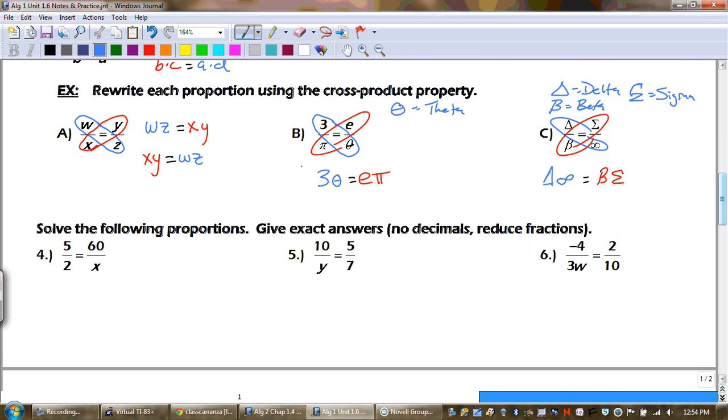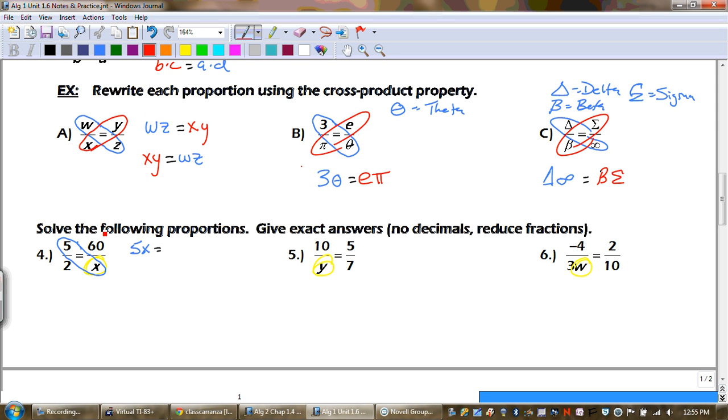So, now it tells us to solve the following proportions, give exact answers, no decimals, reduce fractions, okay? So what they're throwing at us now is variables that are going to be randomly thrown into our problems, but we treat them the exact same way. Well, 5 times x is 5x.